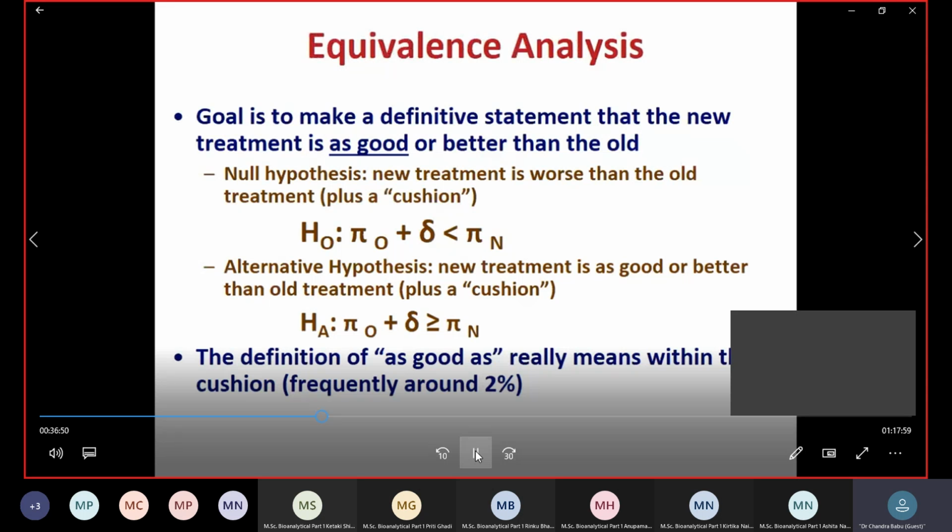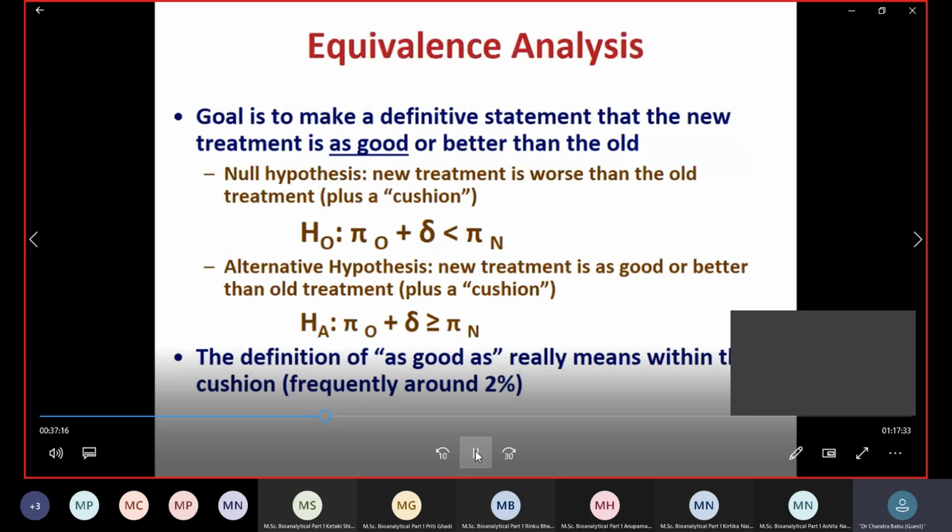Every non-inferiority trial you will ever read has a fudge factor. When you're reading these, in the discussion, if it comes out as a positive non-inferiority study, they say the new treatment is as good or better than the old. What they really should say is the new treatment is as good or better than the old, and I define as good as being within 2%.